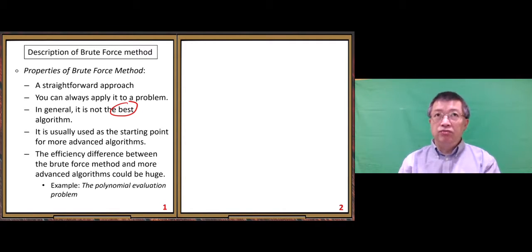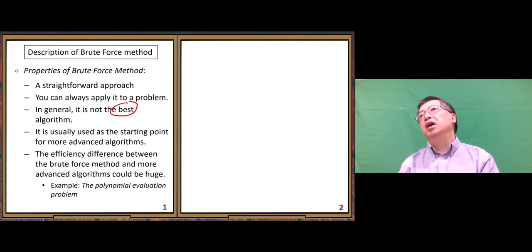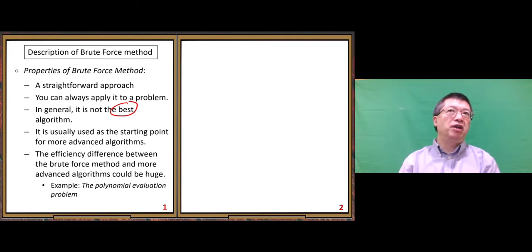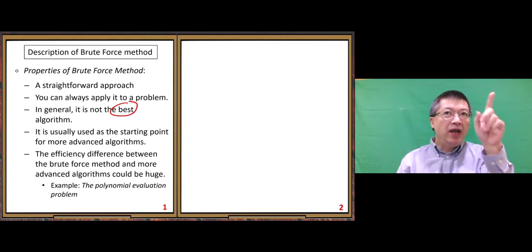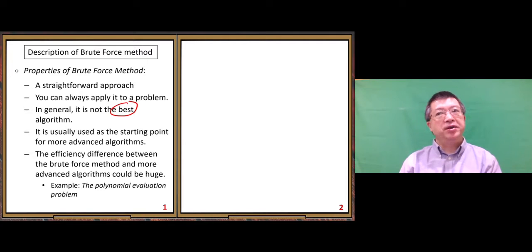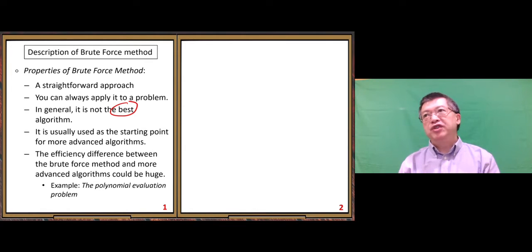With Horner's rule, the improvement is huge. I showed you an example and compared the difference. Remember, 5.8 days versus 1 second. That big a difference. So you can imagine the algorithm efficiency difference is really big.